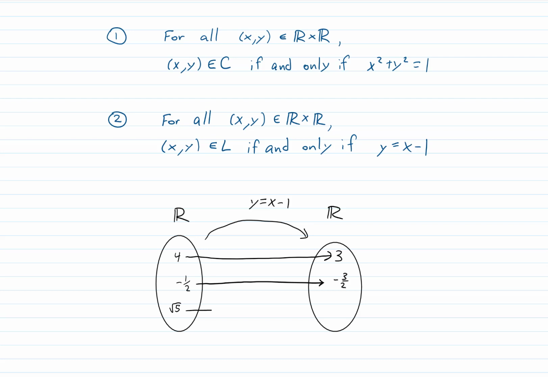The square root of 5 would be related to the square root of 5 minus 1. So I'm not going to write in any more real numbers, but no matter what real number I would write in there, it's going to have an arrow going to another real number, and only one arrow. Okay? And so that relation L is a function.